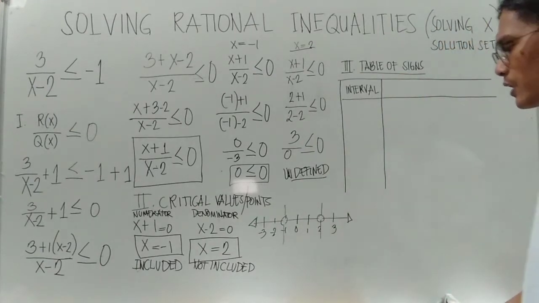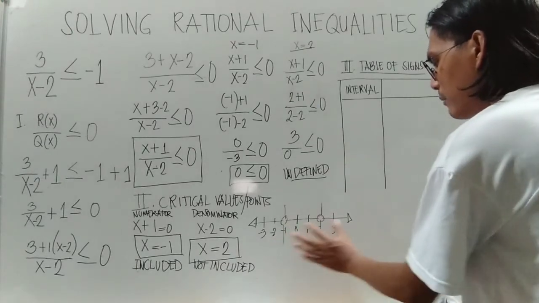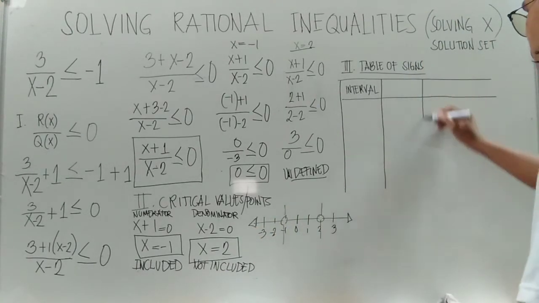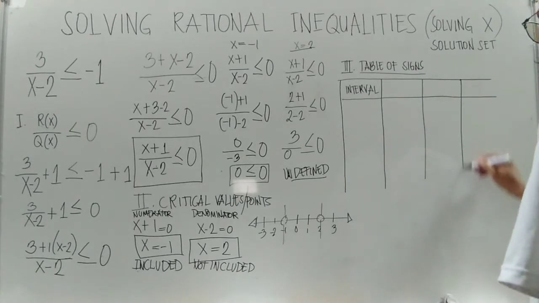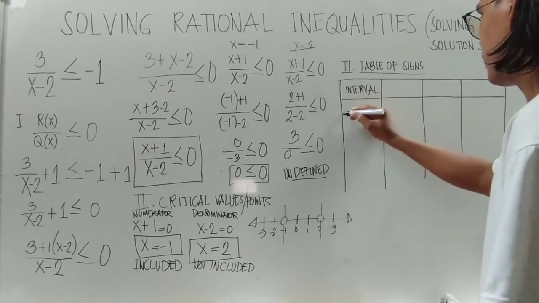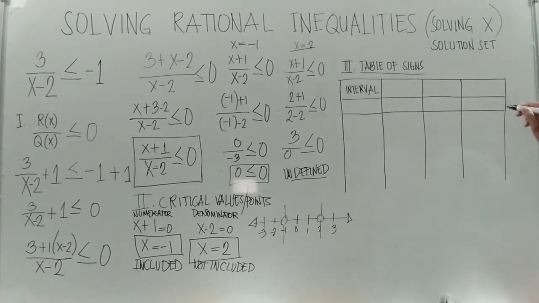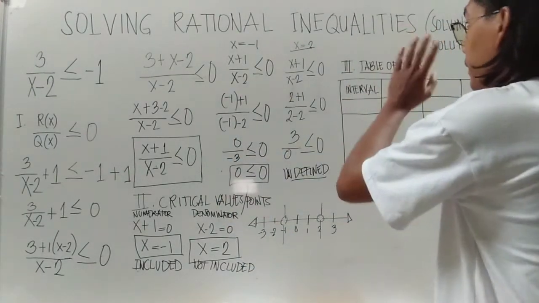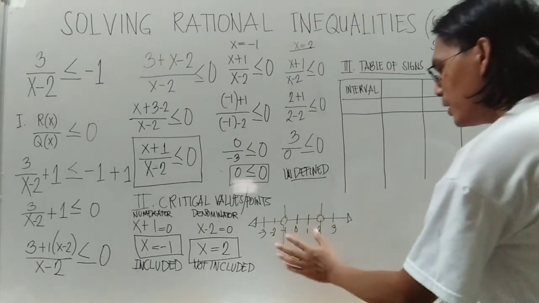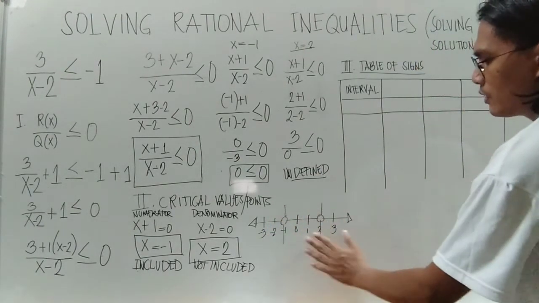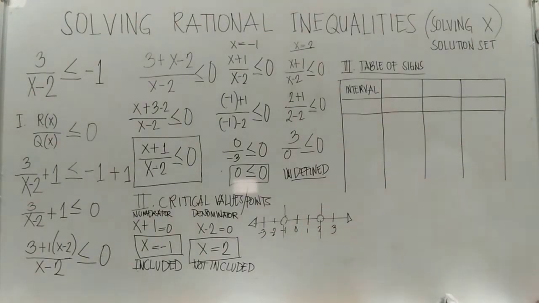How many intervals? We have 3 intervals, so let's put 3 columns. The intervals of your rational inequality can be seen on your line graph.